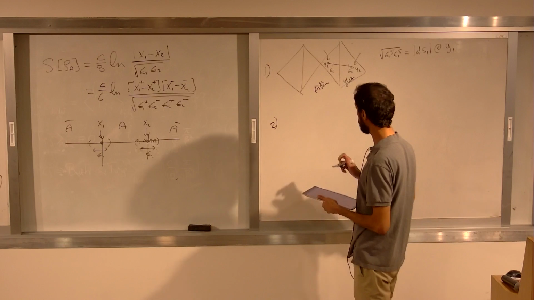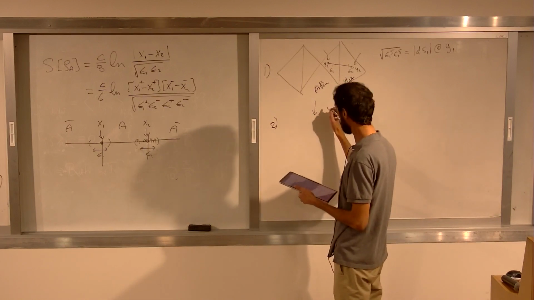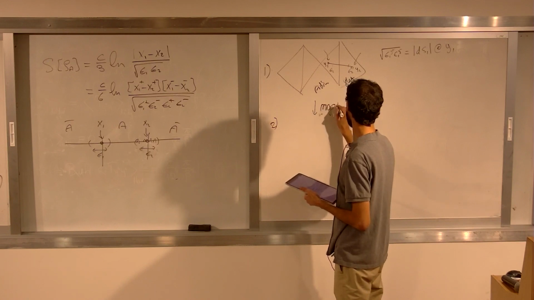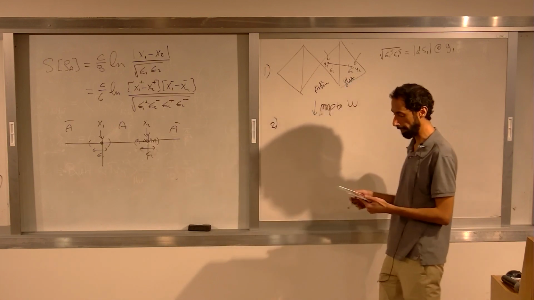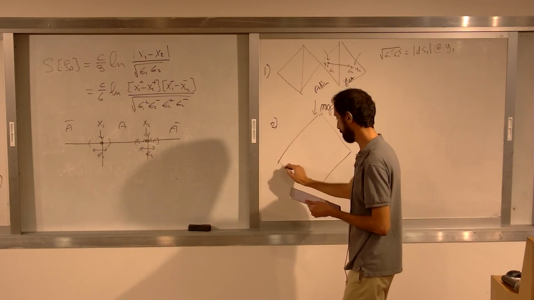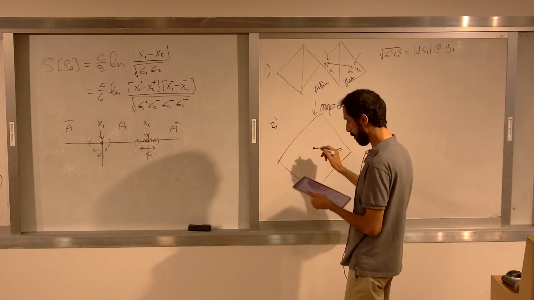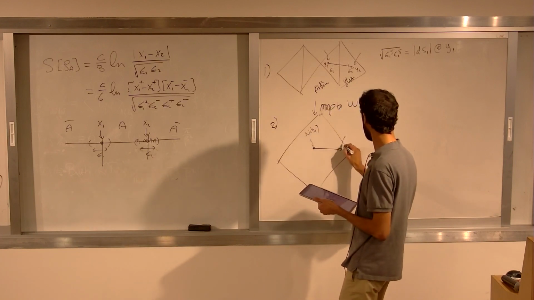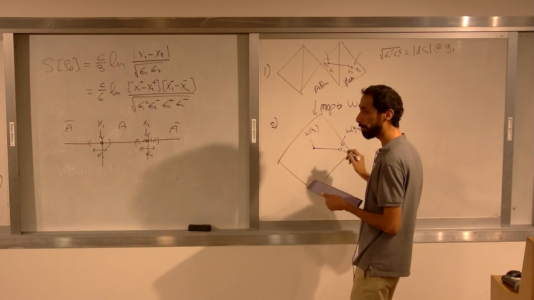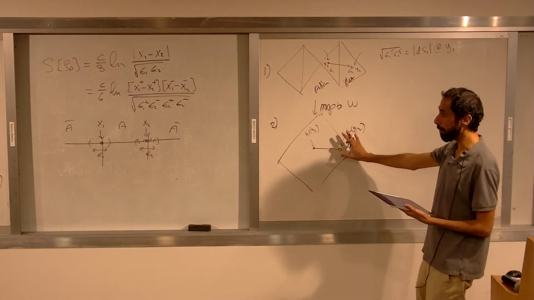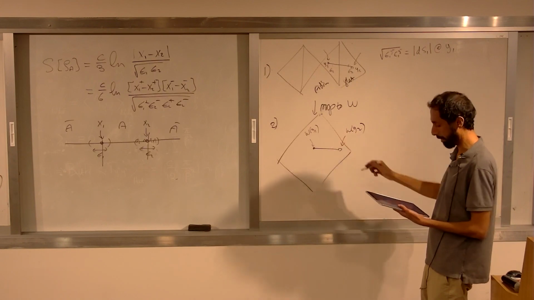So we need to transform to the W coordinate, or map to the W frame that we talked about earlier. Then we have just Minkowski space going from W of y1 to W of y2. Here, we know what the answer is for this entanglement entropy.